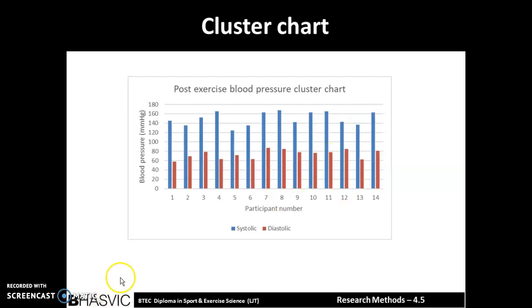So you can easily see that number 8, number 4 had the highest test for systolic, and it looks like number 5 has the lowest for systolic. Looks like number 7 had the highest for diastolic, and it looks like number 13 had the lowest for diastolic.